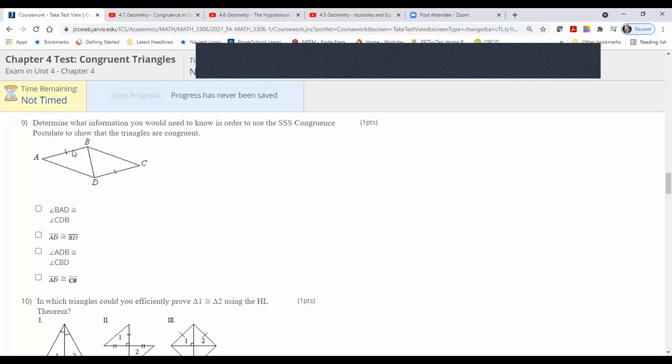I think this one is the same with this one, and this one also the same with this one. Right? So this one is congruent to itself. So now you need the information that this one is congruent with this one, right? So AD congruent with BC. Okay, so the answer should be this one. Okay.